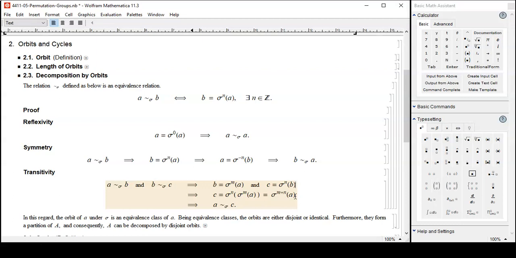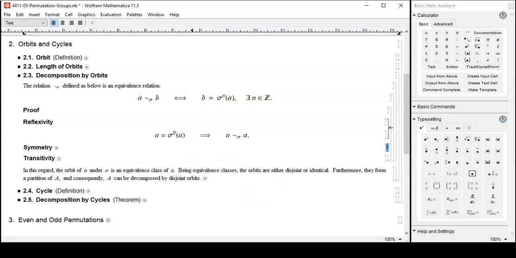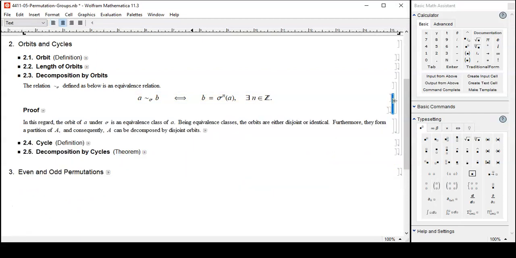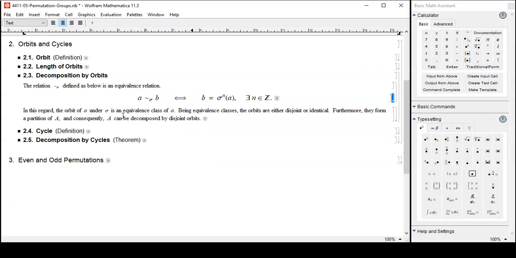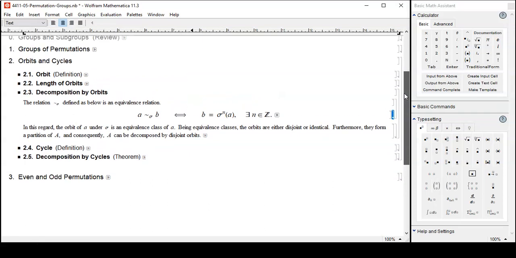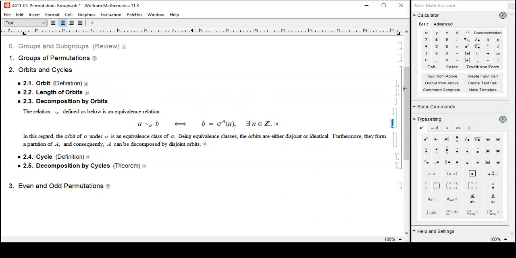So if you compose, then you get the m plus n power. m plus n is also an integer, so A is related to C as well. You get the transitivity too, and thus this is an equivalence relation, and therefore we have equivalence classes and an equivalence partition. Those equivalence classes happen to be the orbits, and the equivalence partition turns out to be the decomposition by disjoint orbits.